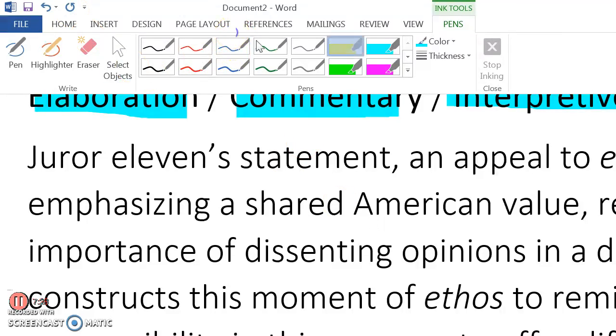And you'll notice that I'm very clear about it. He constructs an appeal to ethos. It's that shared values, expressing to the audience that you and we hold the same values to be important. Okay, that's that particular appeal.